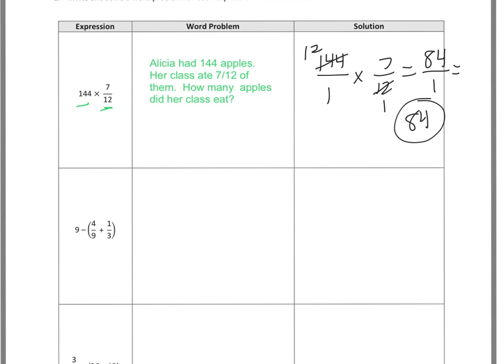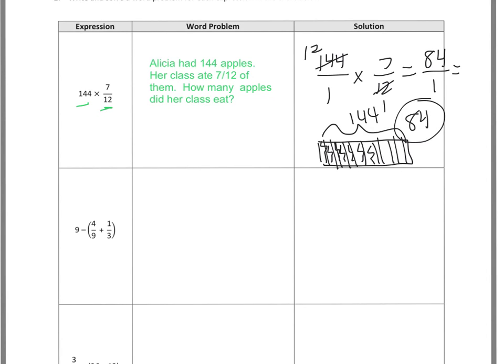I could also break this apart into a tape diagram. And I'd break it into twelfths. And I know all of them is 144. And I know I'm looking for 1, 2, 3, 4, 5, 6, 7.